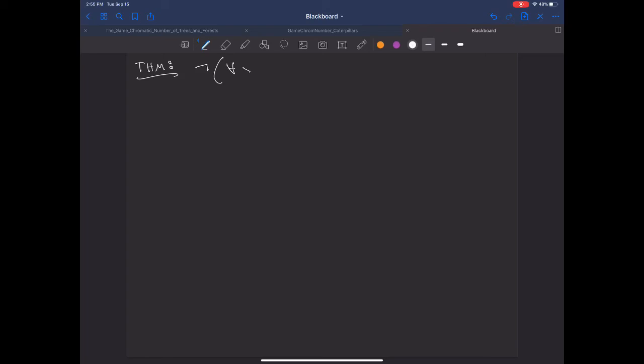If you have a very general statement, for all x, p of x is true, and I negate that, remember this is the symbol for negation, that's logically equivalent to there exists an x such that p of x is false.